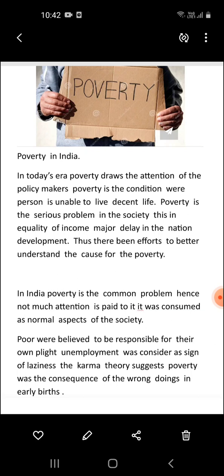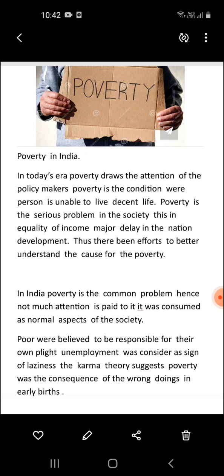We can understand this as a major problem and a major drawback for the development of society as well as the nation. Many people have put a lot of effort into better understanding the concept of poverty and the major causes of poverty.